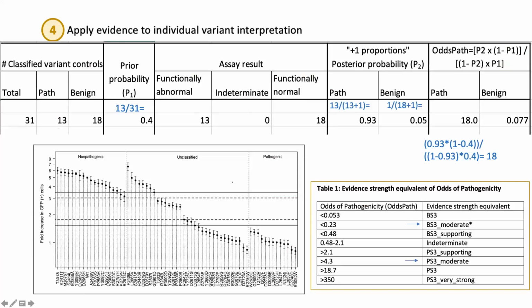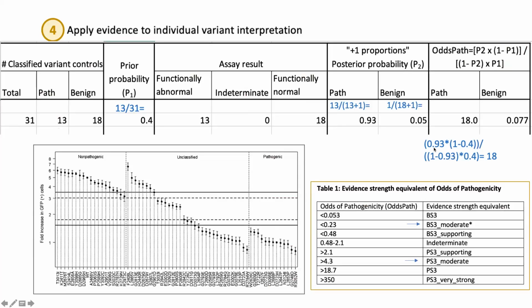This one doesn't have any indeterminate necessarily for its controls, and for the functionally normal, all 18 benign were normal results. This is your posterior probability, where you just add an additional 1 unclassified variant to help avoid having any infinity or 0 results when you get to your odds of pathogenicity.